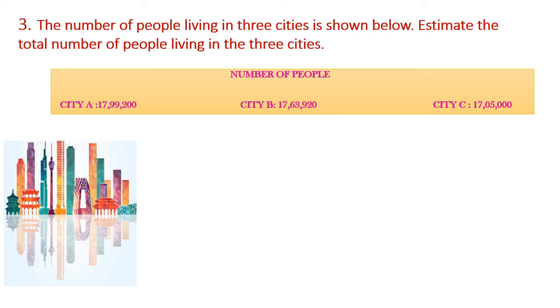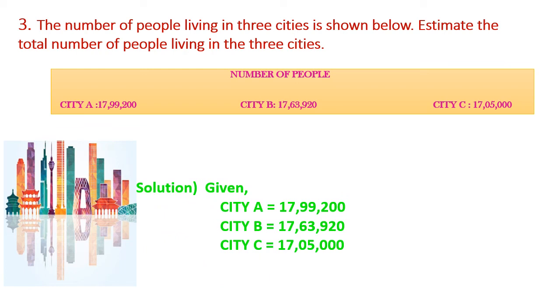For estimation, we have to again use the concept of rounding off. Now one by one, for each city, we will estimate the value of the given numbers to their highest place value. So here the highest place value is 10 lakh. So in city A, the estimated value will be 20 lakh.